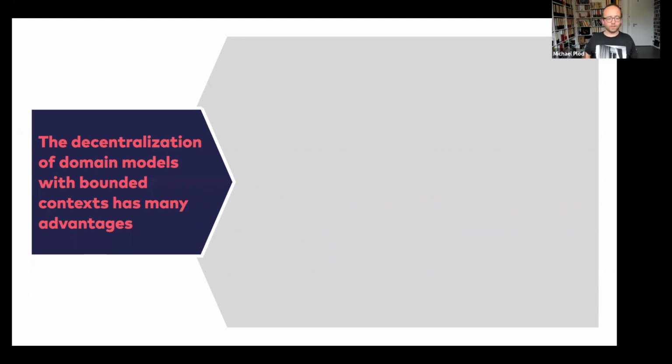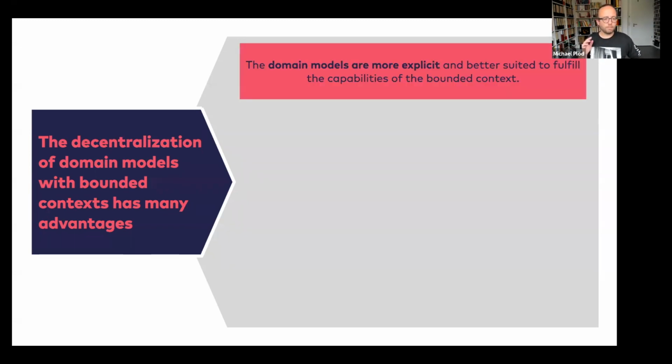The bounded context, and I think this is the key driver why domain-driven design is so popular nowadays, gives you a way to decentralize the modeling of domain models. So you can find individual solutions, and you can make your domain models more explicit, so they are better suited to fulfill capabilities within a bounded context.